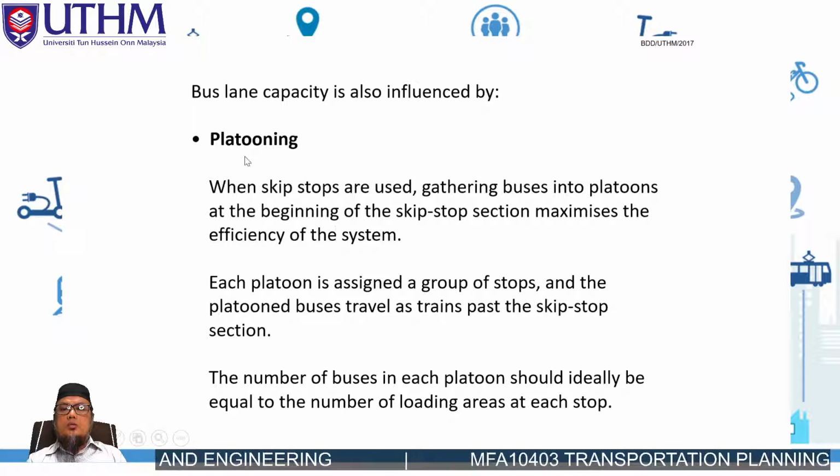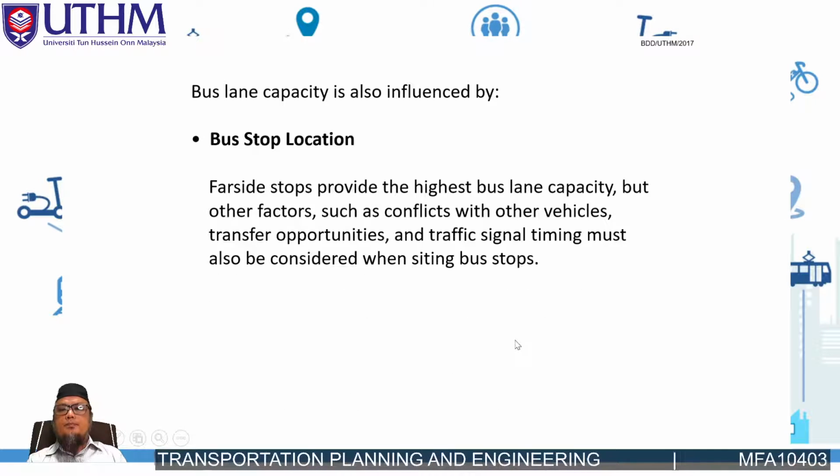So we can also consider this as platooning. They're going to move not synchronized, but we can assign a few buses to operate for that particular hour or particular schedule.